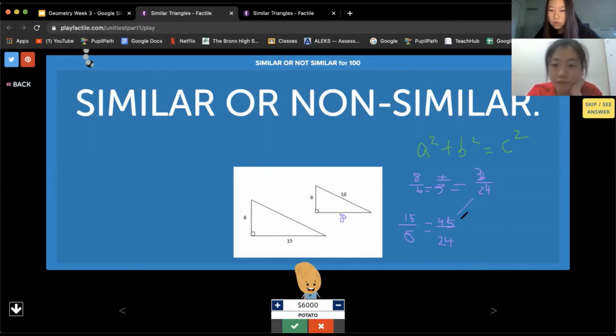So these two are not equal to each other. So these two triangles are not similar to each other because the sides do not have an equal scale factor.